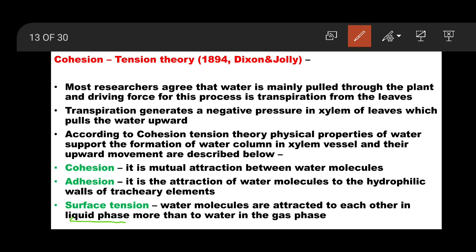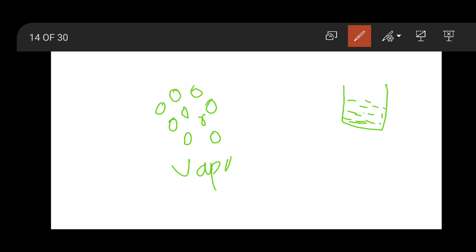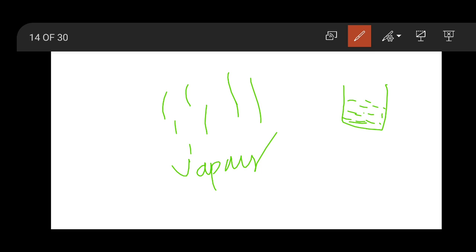So, if you suppose these are gas molecules, these are vapor molecules. So, and suppose here is water put in beaker, here is vapor. Suppose here is vapor, water vapor, and here is water molecules in liquid.